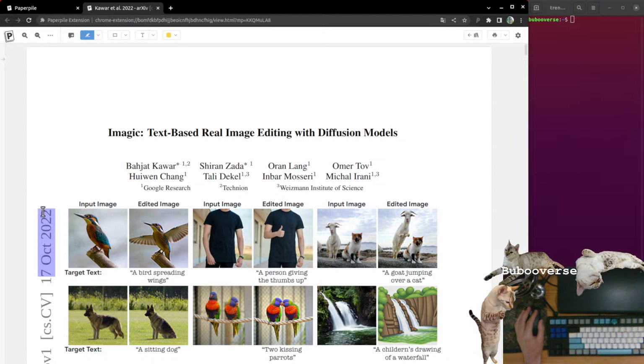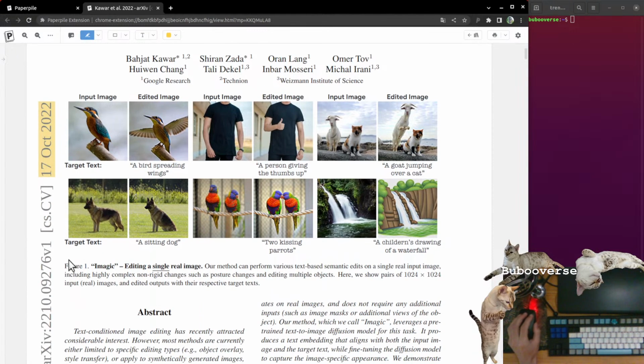This is a recent paper coming out just a couple days ago. Might even be yesterday. All right, so we have here the kind of attention-grabbing image and figure where you can basically do text-based semantic edits on a single real input image.